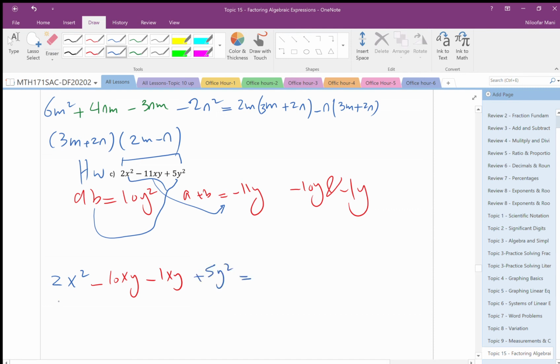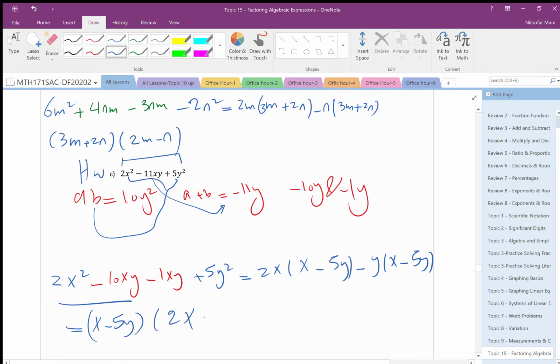Now I can factor from these two, x multiple 5y minus y multiple x minus 5y. And then I factor x minus 5y, 2x is left, and here minus y is left.